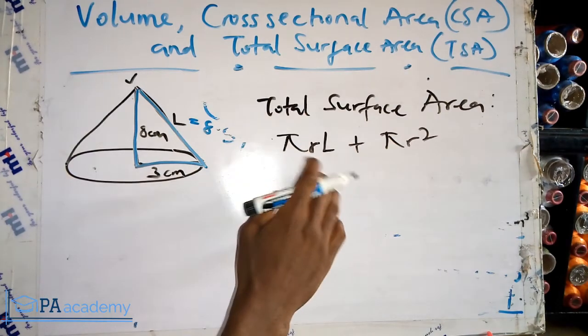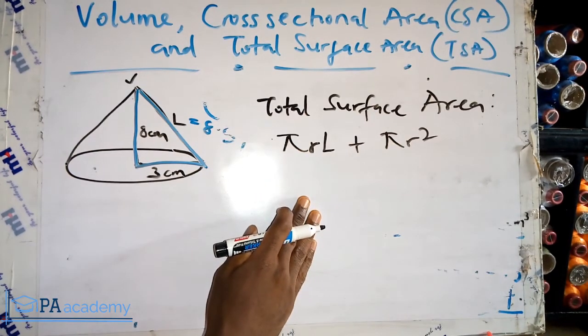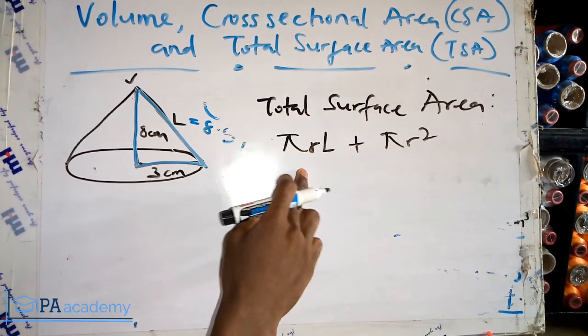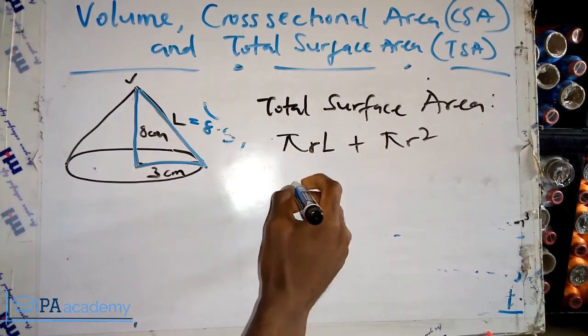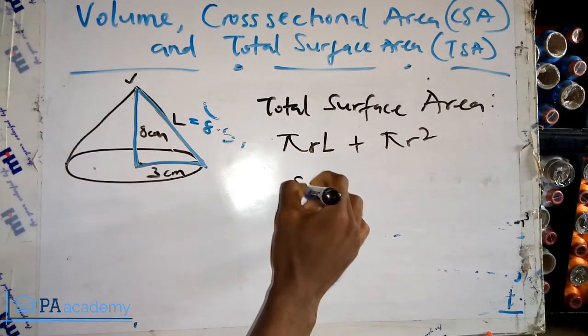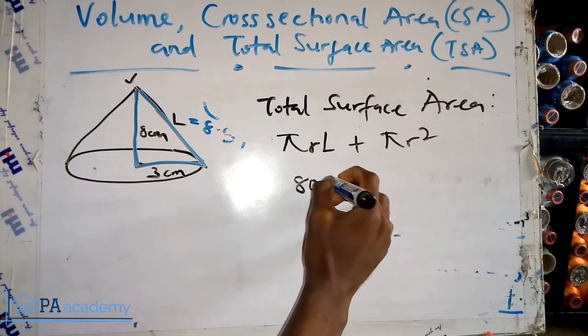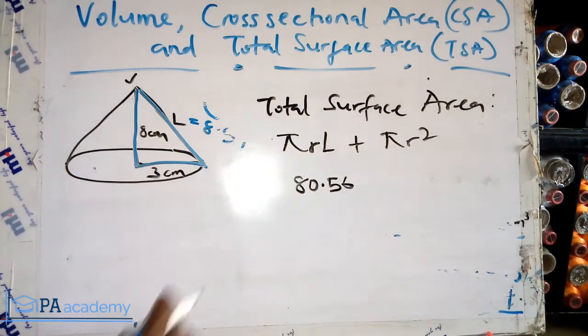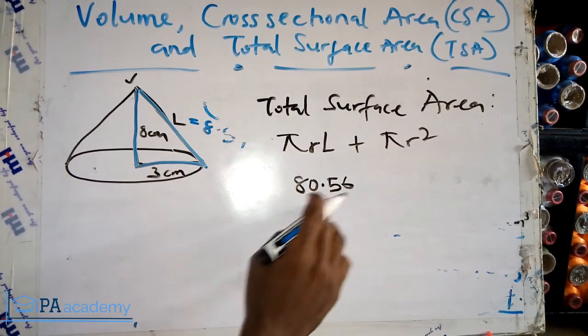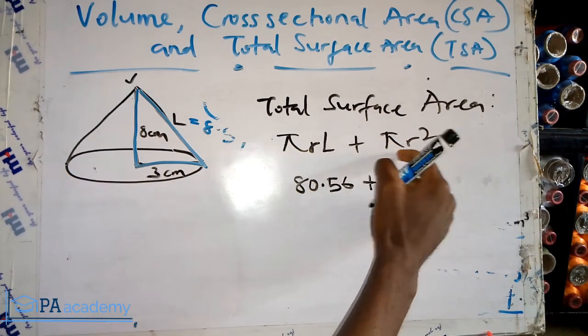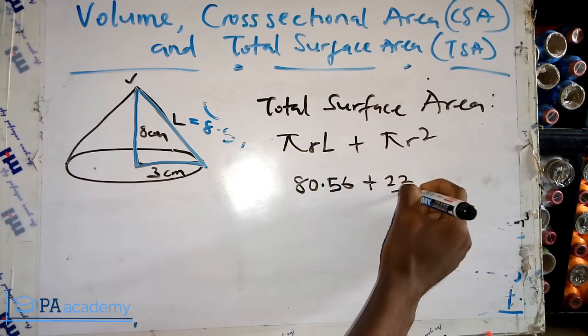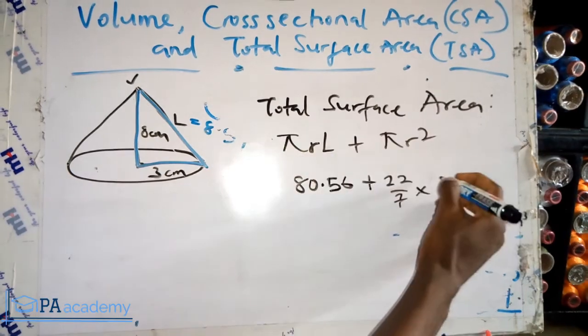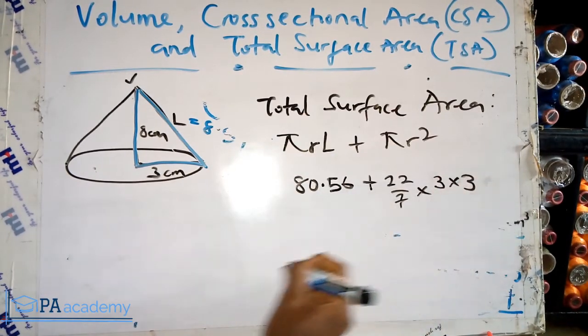Now, pi r L is the same thing as the curved surface area, which we just calculated, and the answer is 80.56. So we already know pi r L, 80.56, plus pi r square, which is 22/7 times our radius 3 times 3.